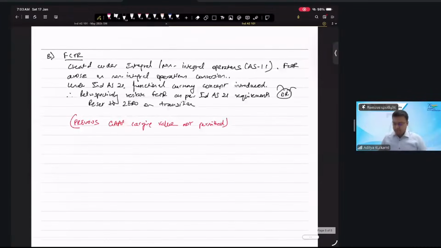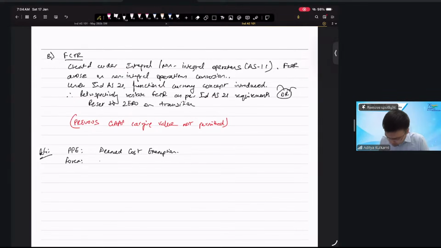That means it does not want to avail the exemption elected under Ind AS 101. So now tell me, what is that scenario? For fixed assets, it wants to utilize the deemed cost exemption. For forex, under AS 11, it was following option 2.